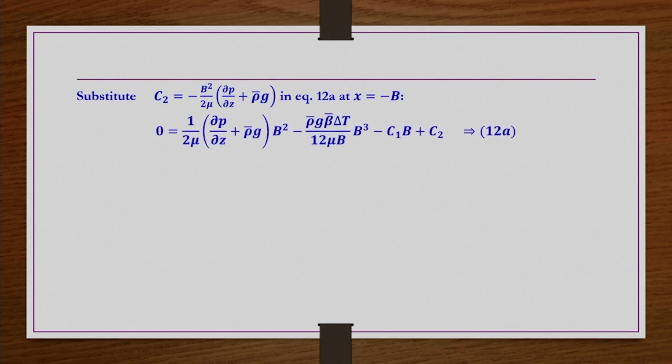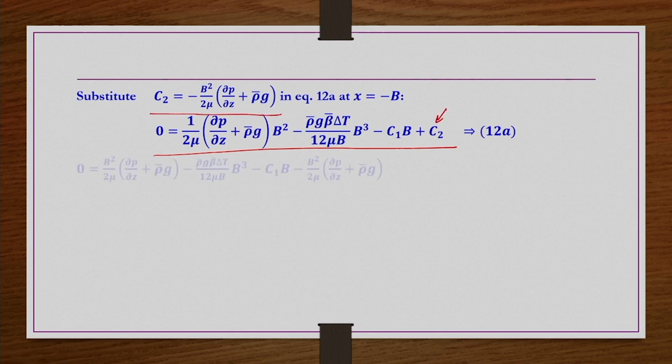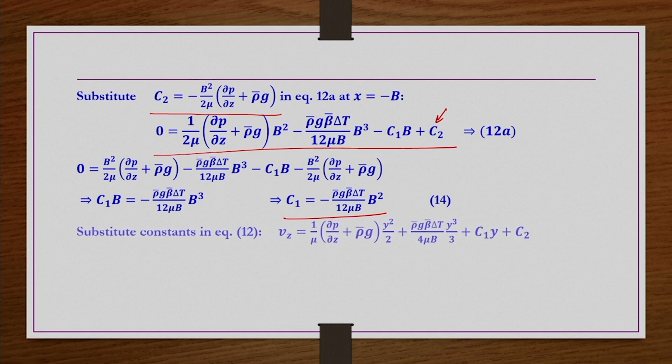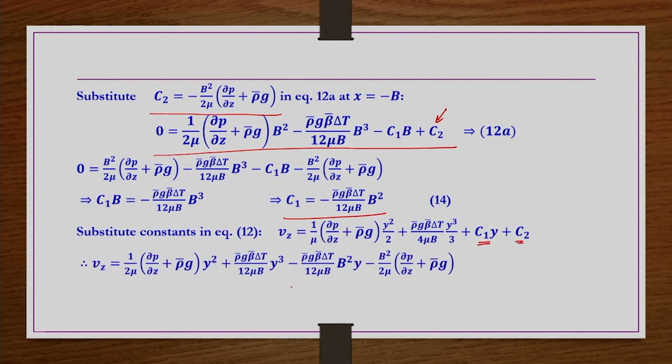In equation number 12a, in place of C2 we write the constant we just obtained, then simplify it, and you get C1 equal to this constant. Now you substitute both C1 and C2 in equation number 12, and you have this expression. Next, we take b square common.